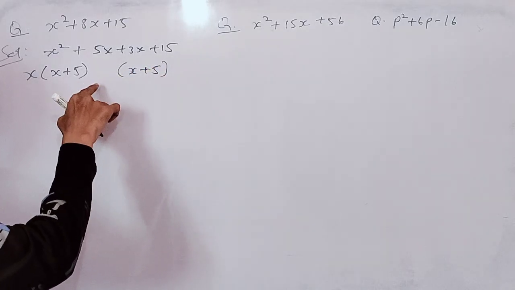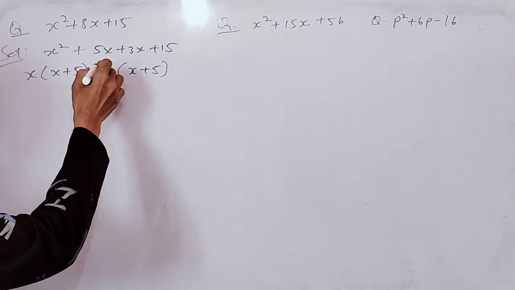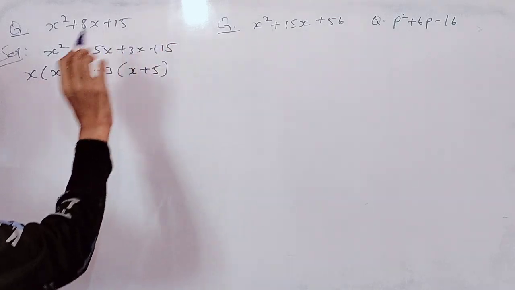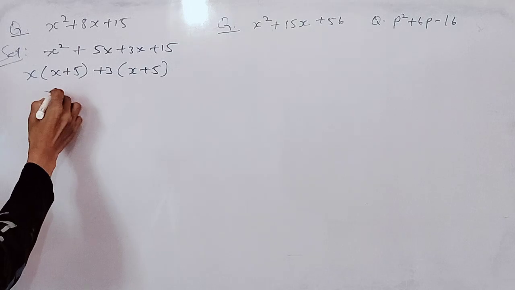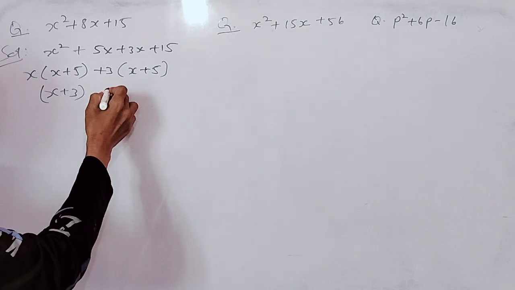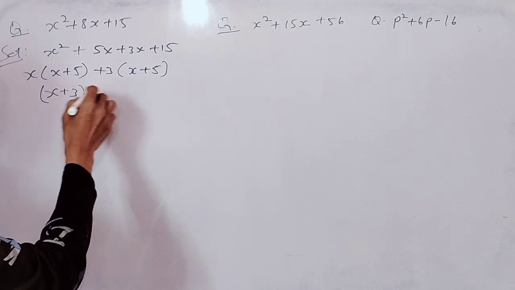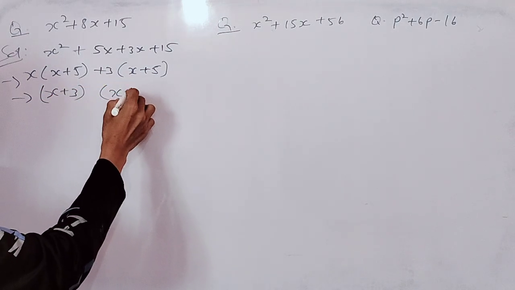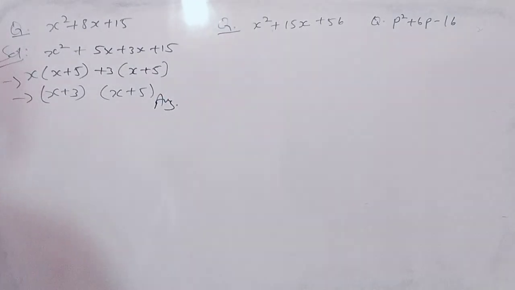Now if we write here 3 multiplied by x will give 3x, 3 multiplied by 5 is 15. Till here it is correct. The outside terms are x plus 3. Now here these are two brackets which are the same. We will write only one time. That's how we factored it.